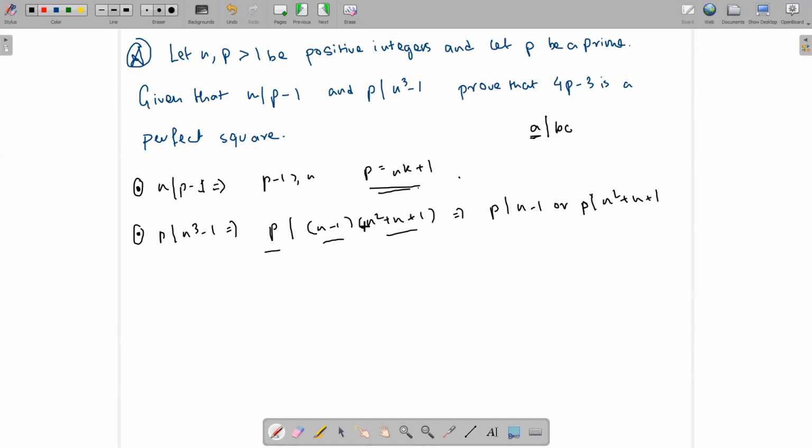What can you say about n minus 1 and n square plus n plus 1? P is a prime, so that's why you can say that P either divides this or this. But I cannot say XOR, I can say or. You see what I'm saying?